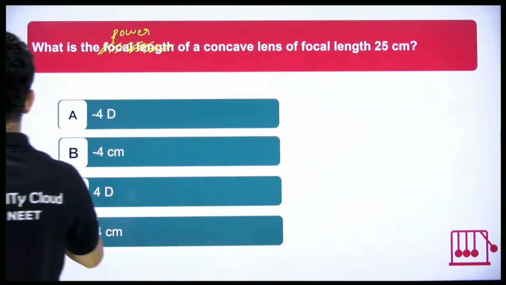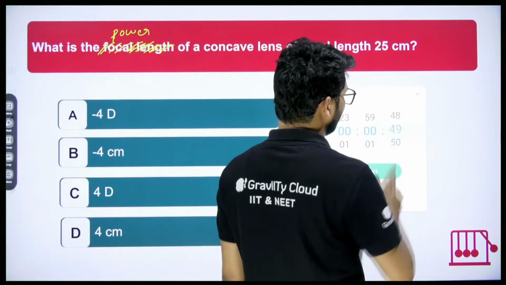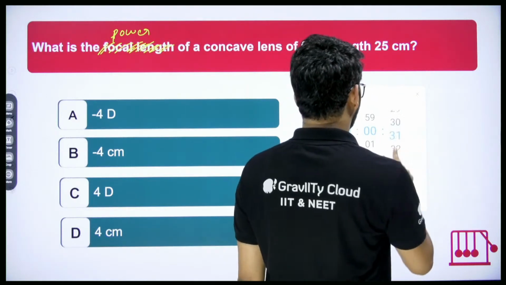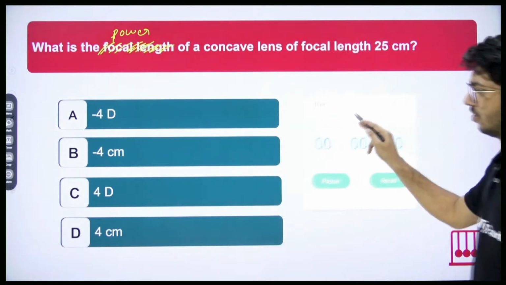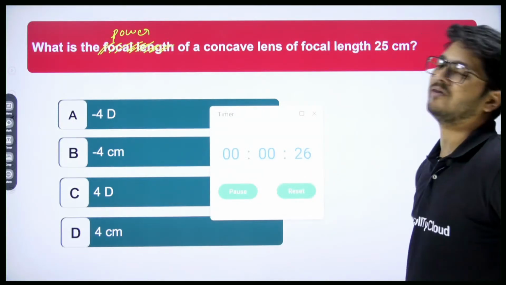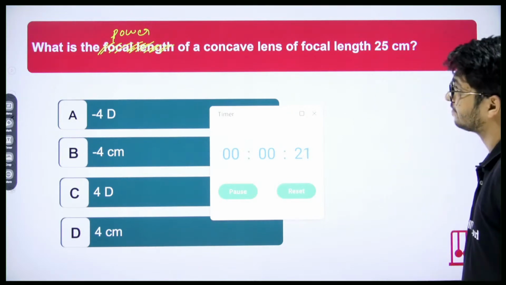Let me give you 30 seconds, that will be enough. Focal length is given, you have to find out the power. A simple, straightforward question. Please solve it. What is the power of a concave lens of focal length 25 centimeter?